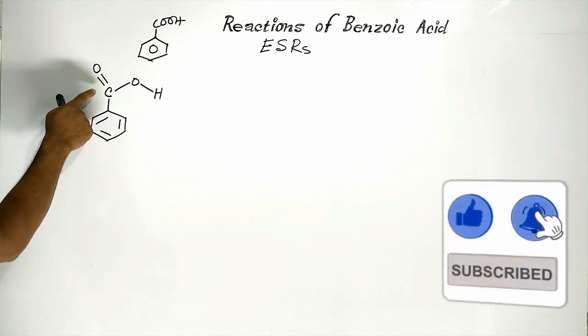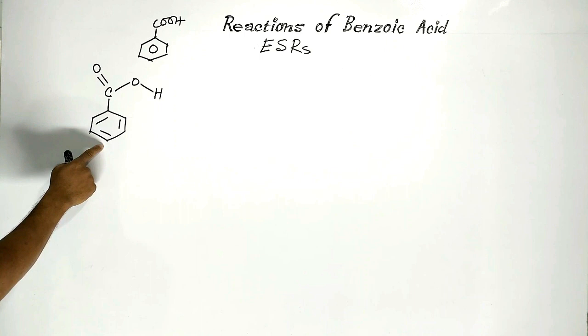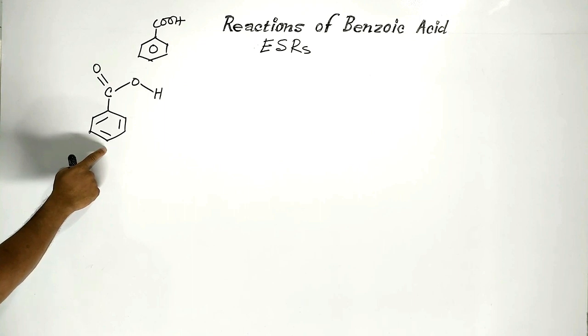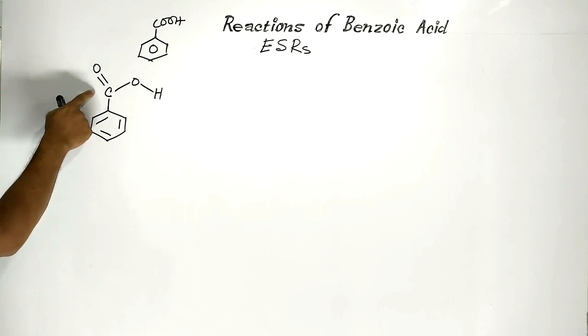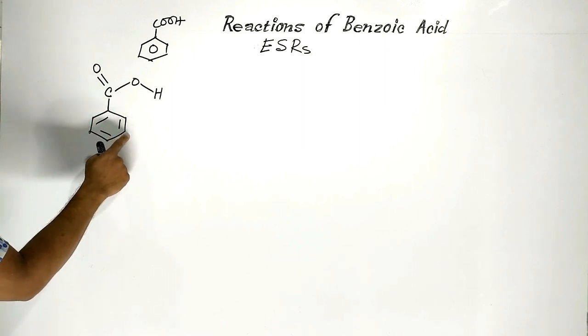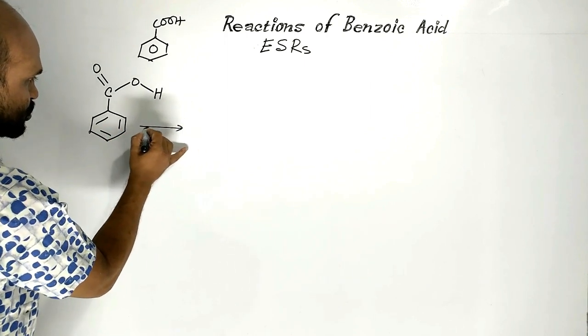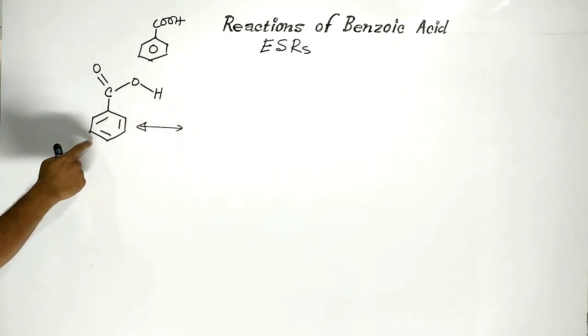Carboxyl group acts as benzene ring deactivating group. Carboxyl group reduces activity of benzene ring towards electrophile. Carboxyl group acts as meta-directing group towards electrophile, and this is showed through some resonance structures.